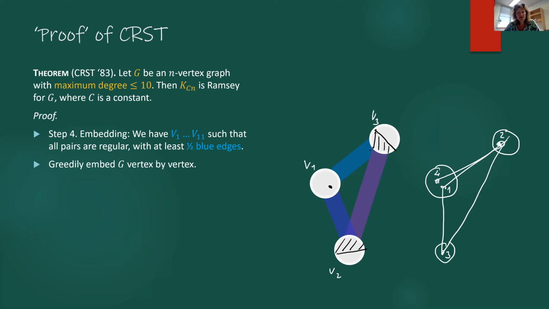We know that between these two parts, we have at least half of the blue edges, and same thing inside of these blue parts. So indeed, you expect that some of the vertices have at least half of the neighbors here and there, and you can prove that rigorously. So we commit to a specific vertex V1, and its neighborhood becomes a kind of candidate set. Again, this is all informal. It's a candidate set for V2, for the second vertex, and this is a candidate set for the third vertex.